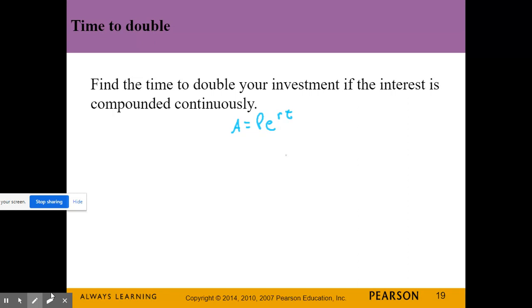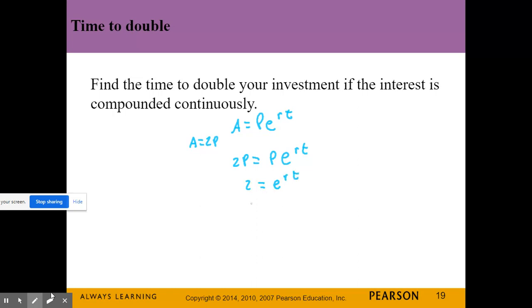So you can set it up the same way: if I double it, A is going to equal 2P, or A is going to equal the formula for compounding continuously. So now I can say 2P is equal to P times e raised to the power of rt. Divide both sides by P, and you get 2 is equal to e^rt.